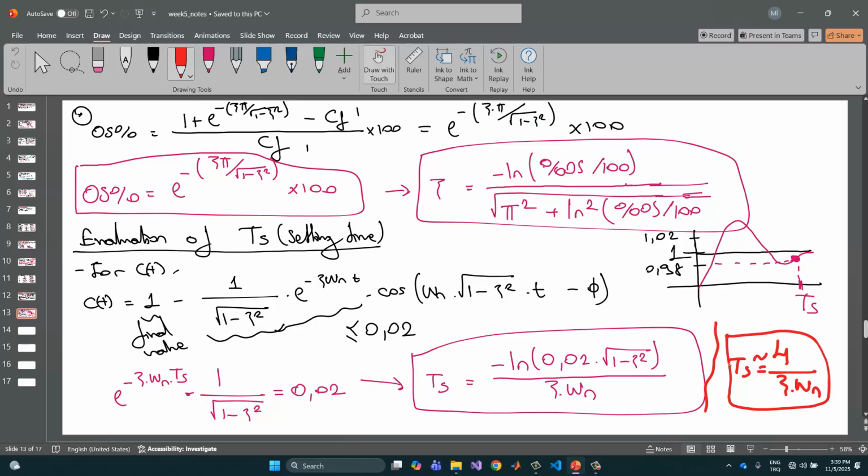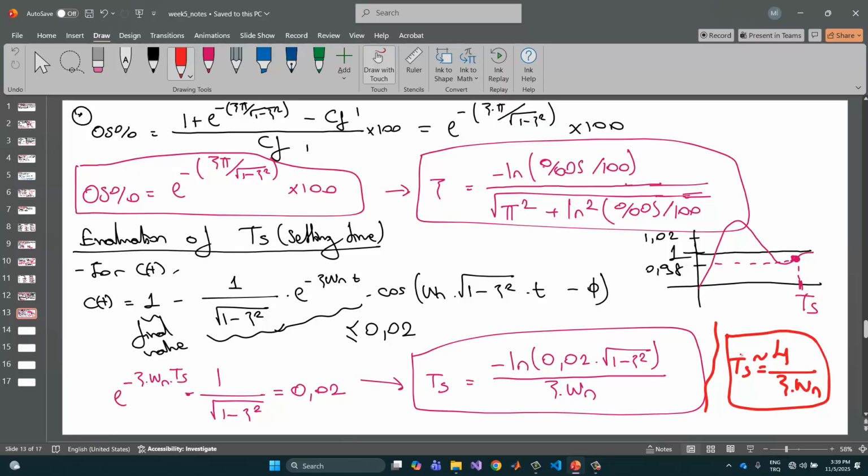Ts means when the system approaches steady state, yes, but with an error rate of 0.02. This is for all underdamped second order systems. For every underdamped second order system, this must be correct.